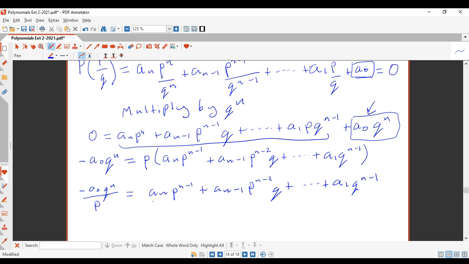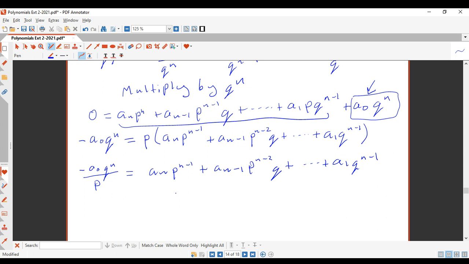Okay, now that minus sign, we could leave it there, but if we just want to be pedantic, I could put that on the other side, couldn't I?